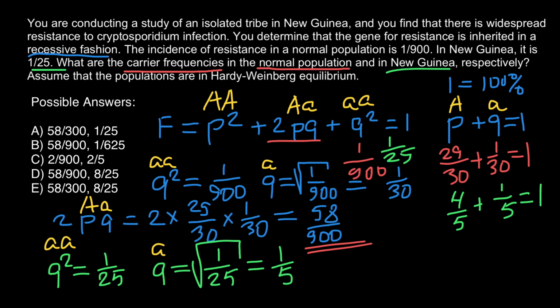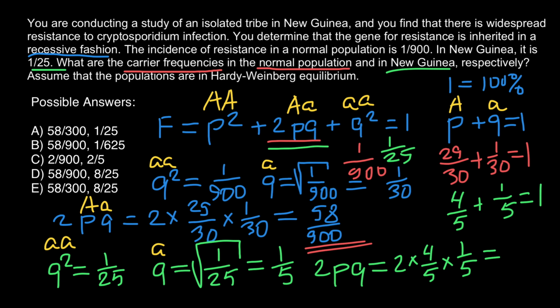And now our last step is going to be to find the frequency of the heterozygous genotype. So again, this part of the formula, which is 2pq, and we have 2 times 4/5 times 1/5.